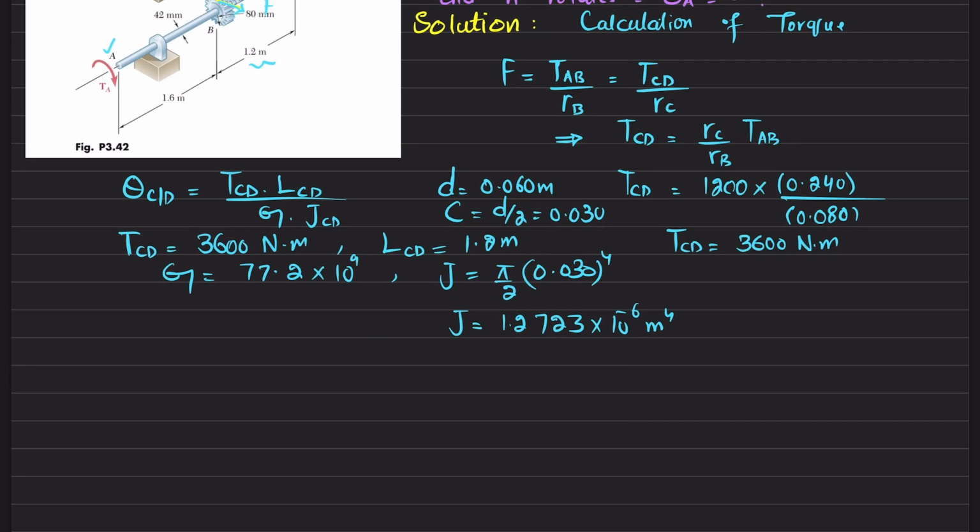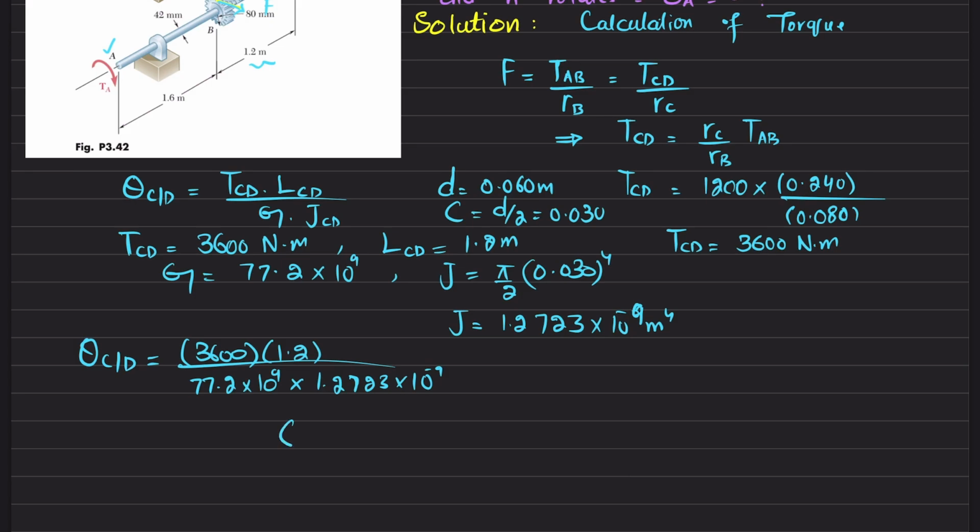Now you have all the values. You can just put them in the formula for the angle of twist of point C with respect to D. TCD is 3600 multiplied by length 1.2 meter, divided by G, 77.2 into 10 raised to the power 9, multiplied by J, which is 1.2723 into 10 raised to the power minus 6.